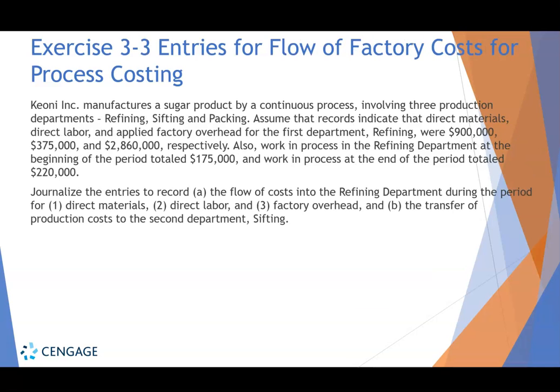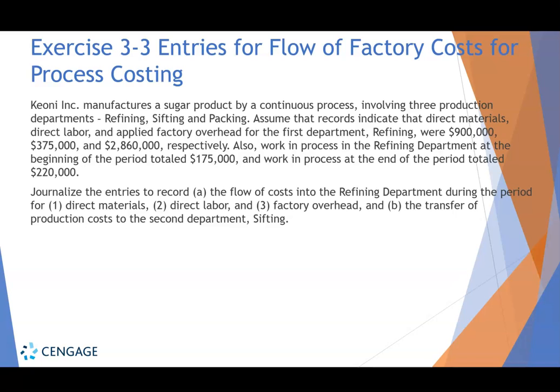Here, Keone manufactures a sugar product by a continuous process involving 3 production departments: refining, sifting, and packing. Assume that records indicate that direct materials, direct labor, and applied factory overhead for the first department, refining, were $900,000 for the direct materials, $375,000 for the direct labor, and $2,860,000 for applied factory overhead.